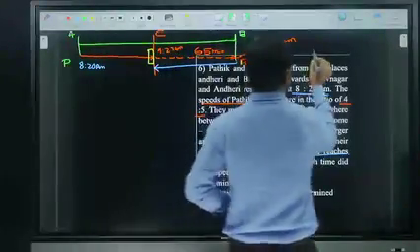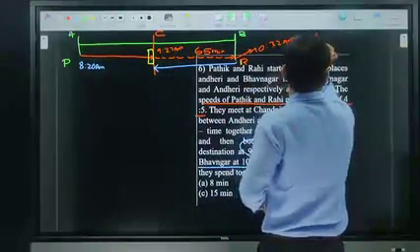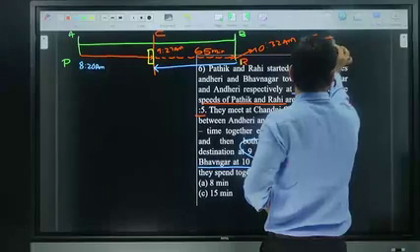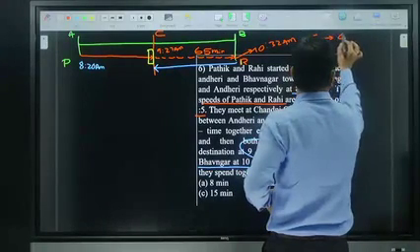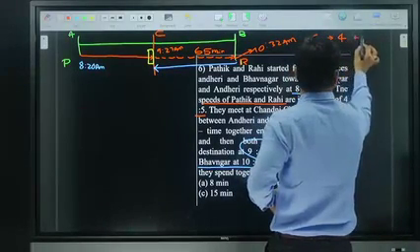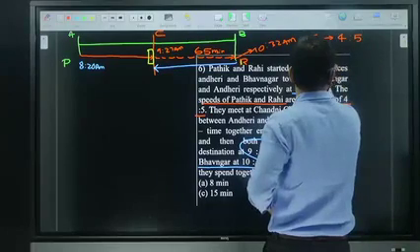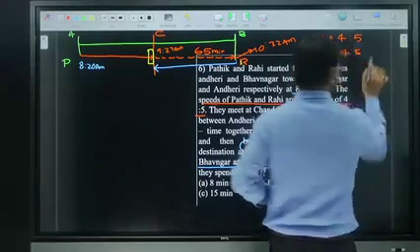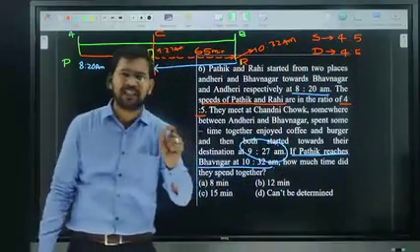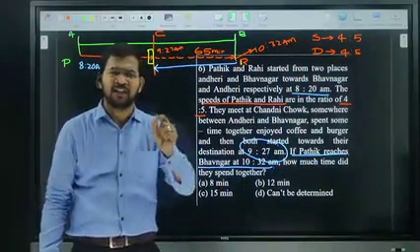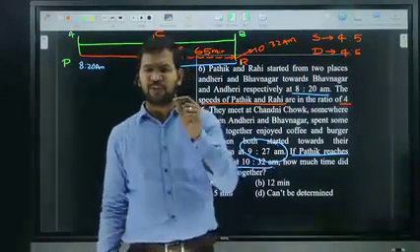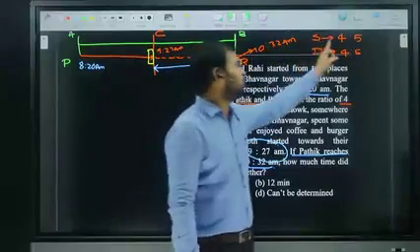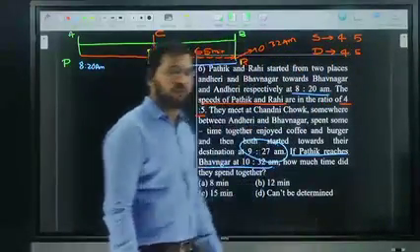I already told you, whenever time is constant, speed and distance are directly proportional to each other. If speeds are in the ratio 4:5, therefore distances are in the ratio 4:5.